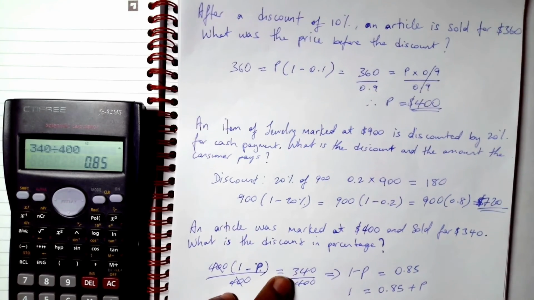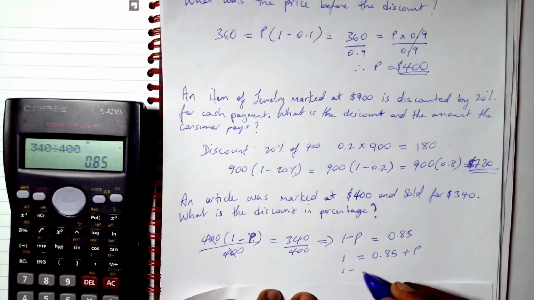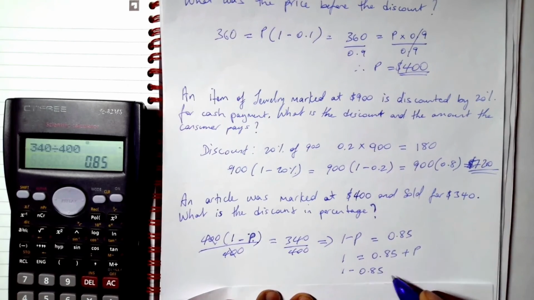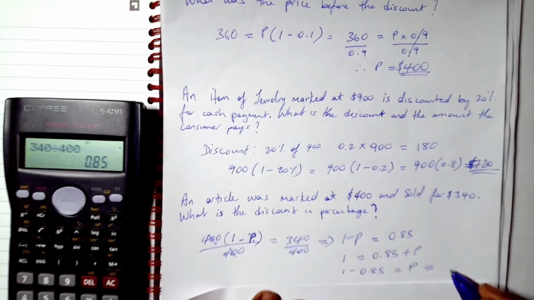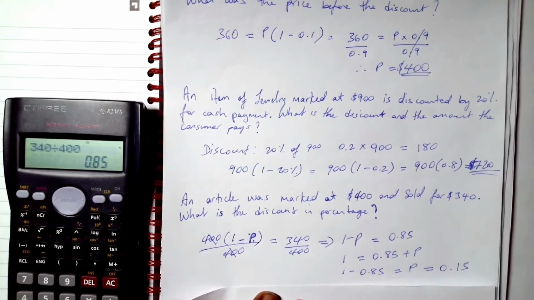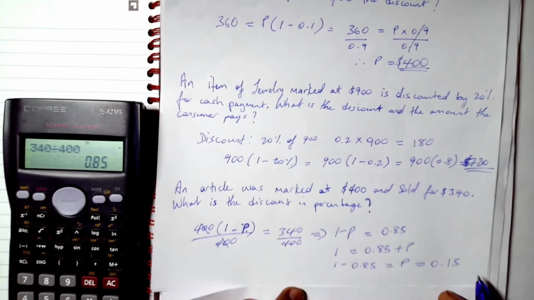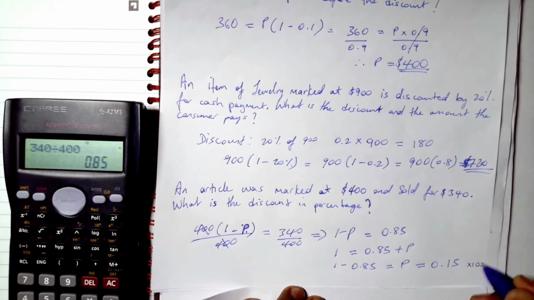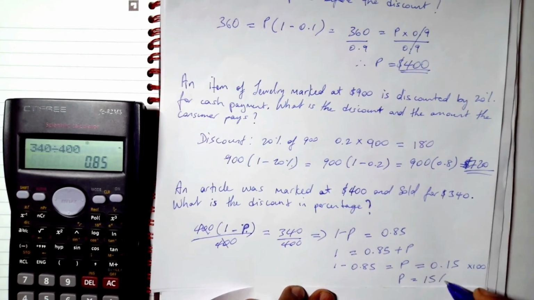So we get 1 minus 0.85, because if we take over a positive 0.85, we'll get a negative 0.85, equal P. P then equals 0.15. So P equals 0.15, but this is the decimal form of our percentage, and if we want the actual percentage, we multiply by 100. Therefore, P is equal to 15%.